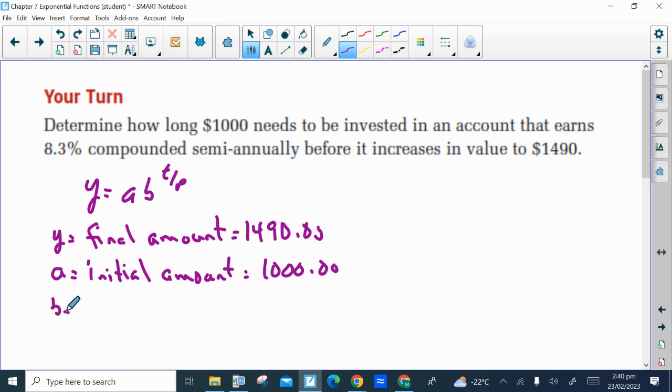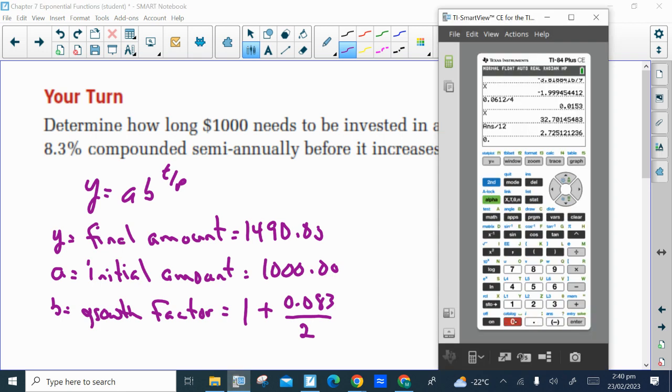B, remember, is the growth factor. The interest is at 8.3% per year, but it's compounded semi-annually, which is twice a year. So it'll be 1 plus, remember that 1 represents 100%, plus the semi-annual percentage rate, which we can find by taking the 8.3, turning it to a decimal, and dividing it by 2, because semi-annually is twice a year.